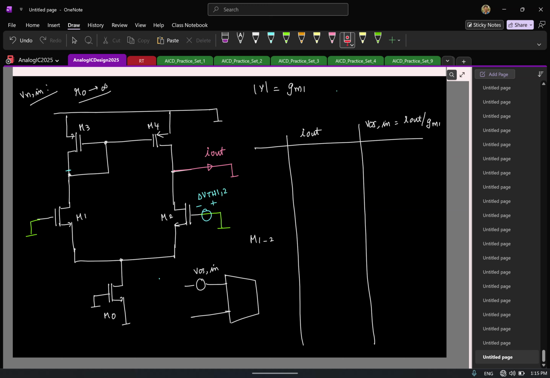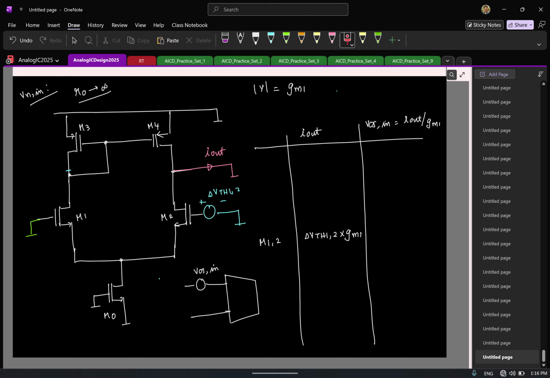If it's not clear, you can do it. Let us say you assume that threshold voltage mismatch is modeled by a voltage source here. Again, polarity doesn't matter. So the differential voltage is delta VTH12. What will be the short circuit current? If the short circuit GM you know already, and the differential voltage is delta VTH12, the short circuit current is delta VTH12 times the short circuit GM.